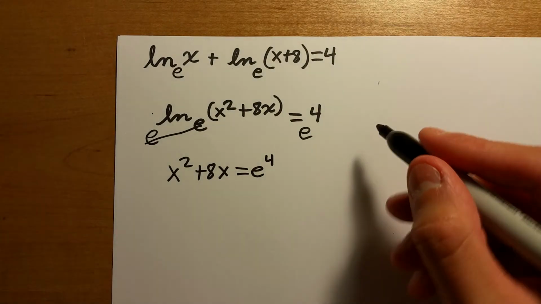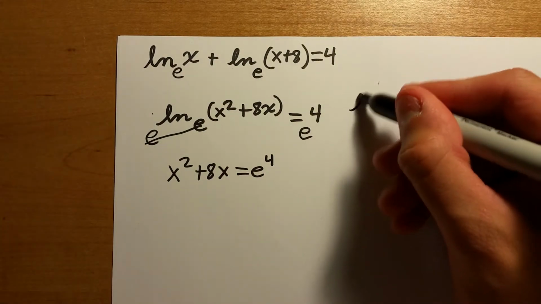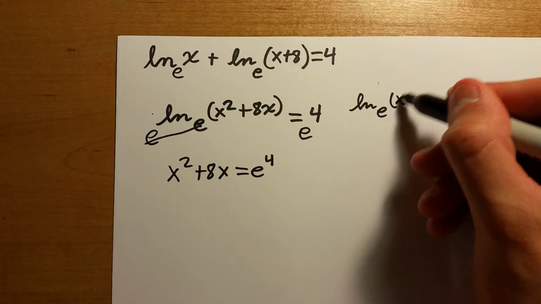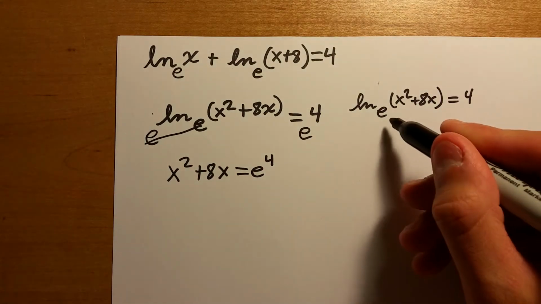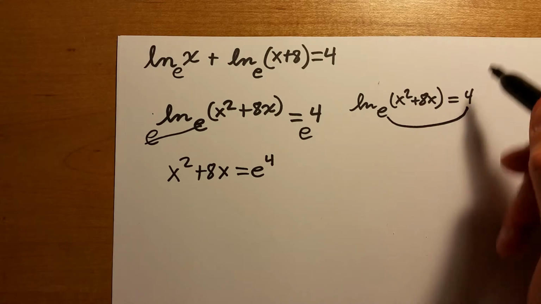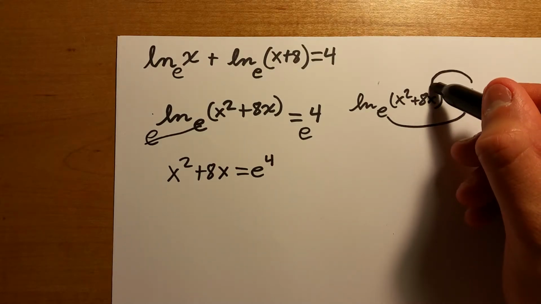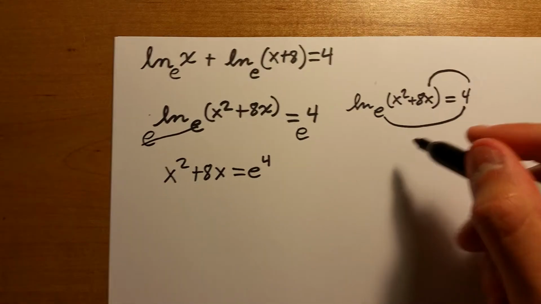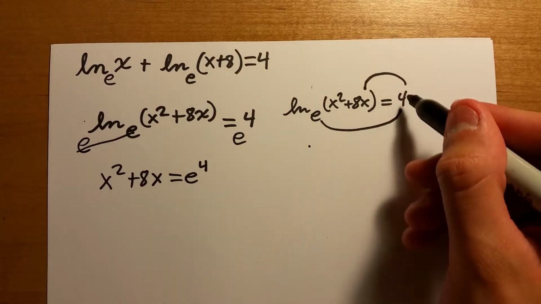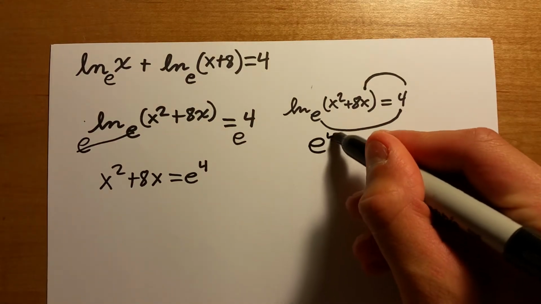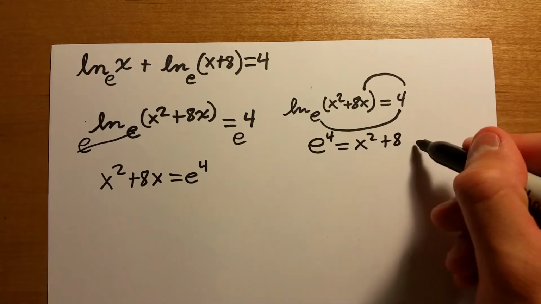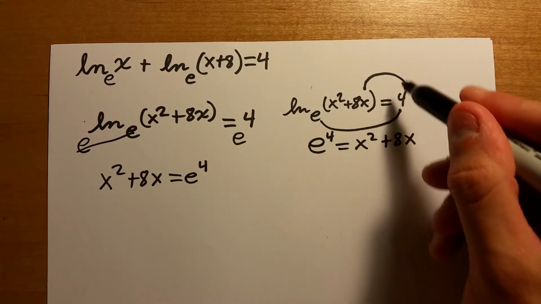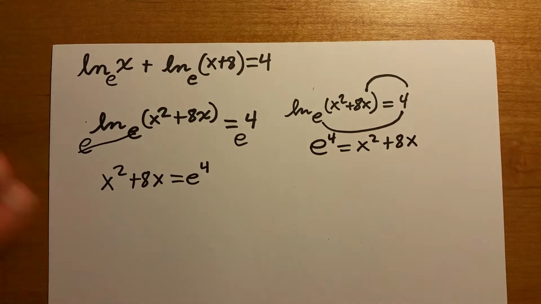But if you don't like that method, you can also write ln of x squared plus 8x equals 4, so e to the power of 4 will equal x squared plus 8x. It comes out to be the same thing, just a visual form of writing the equation.